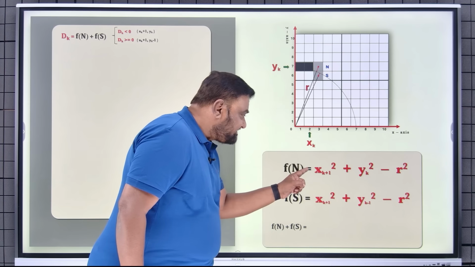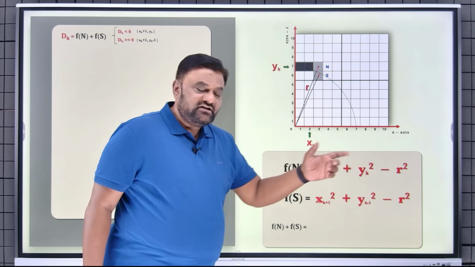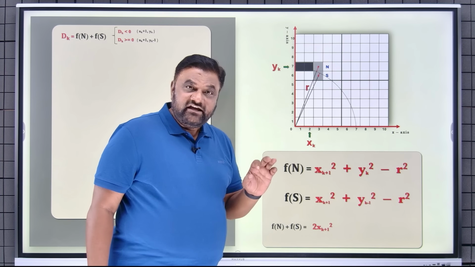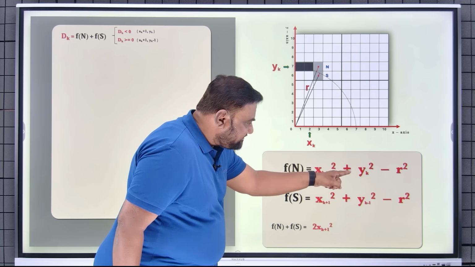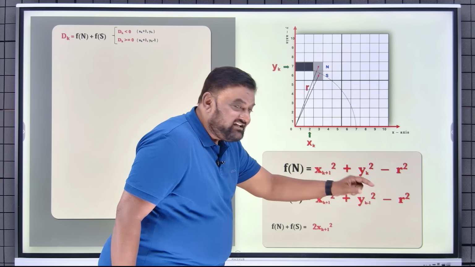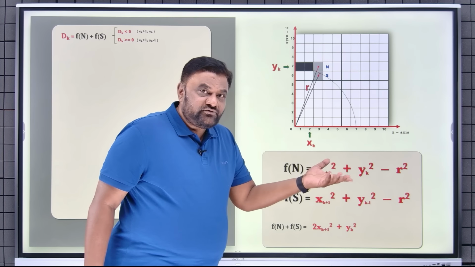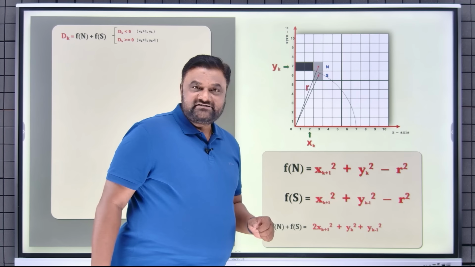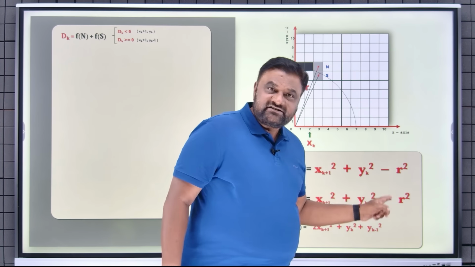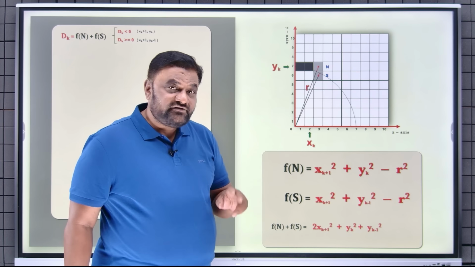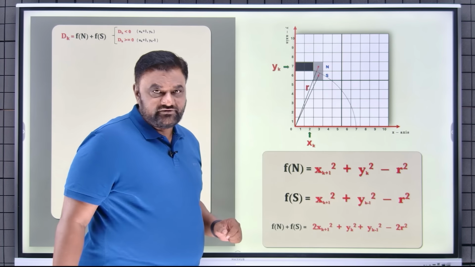So this is xk plus 1 whole square and this is also xk plus 1 whole square, so this is 2 times xk plus 1 whole square. Then this one is yk square, then this is yk minus 1 square. They are different, so first I'll take yk square, then yk minus 1 whole square. These two I have taken separately. And now this is also minus r square, this is also minus r square, so this is 2 times r square minus 2 times r square.